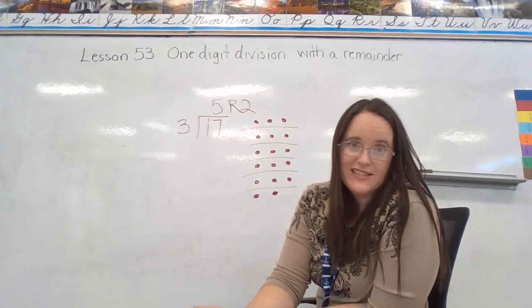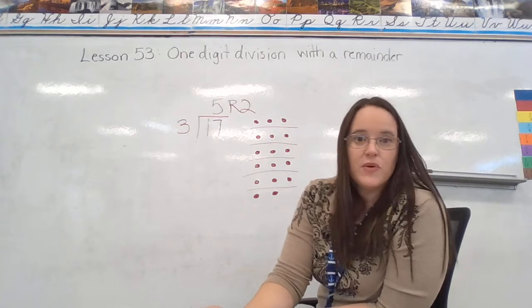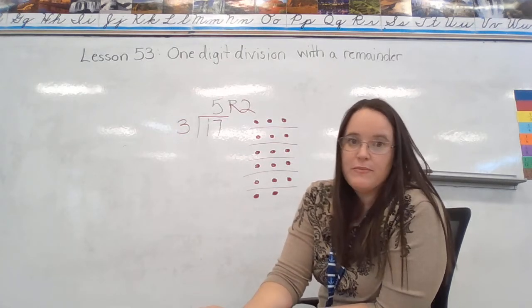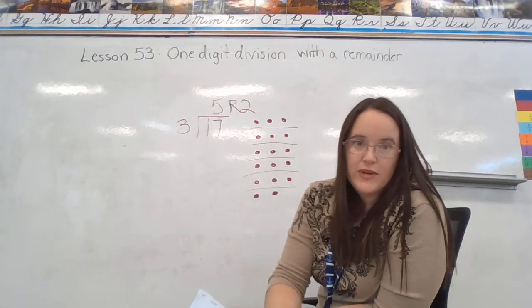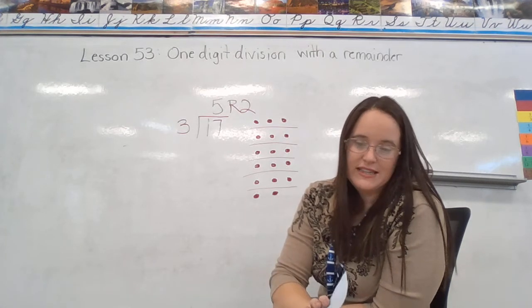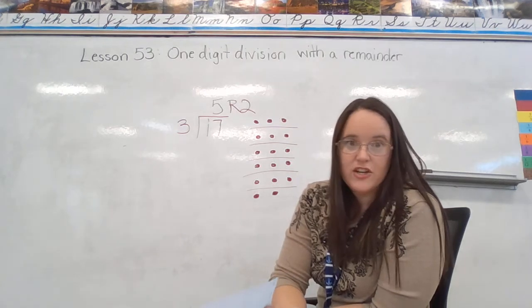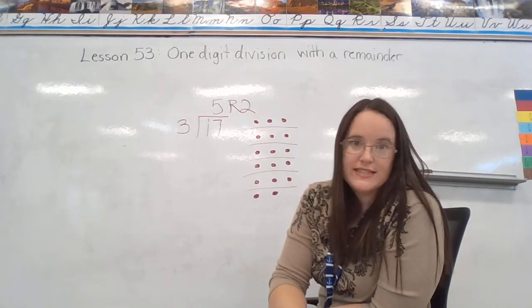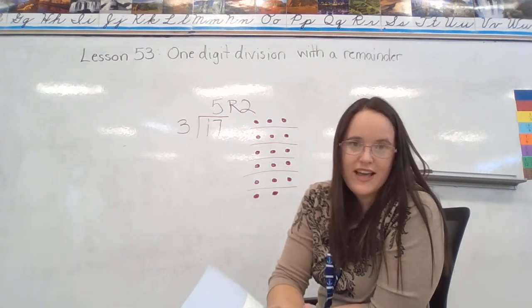In my family, my kids like to use chocolate chips because then they want to eat them afterwards. So anything that you have around that you can count, make sure that's handy when we do today's lesson. We'll be doing an activity with those in person later today. If you are not in my class and you're just watching this on YouTube, you can do the same thing, get some counters out. This activity is on page 339 of your textbook.